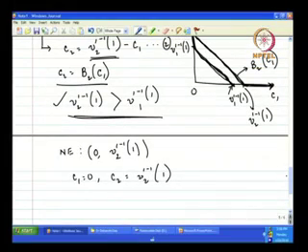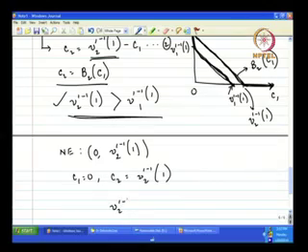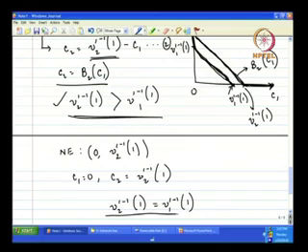However, these two cases, that is, V2 dashed inverse of 1 greater than V1 dashed inverse of 1 and the other way, V1 dashed inverse of 1 greater than V2 dashed inverse of 1, do not exhaust all the possibilities, because instead of greater than, we may have this case also. This is also possible.